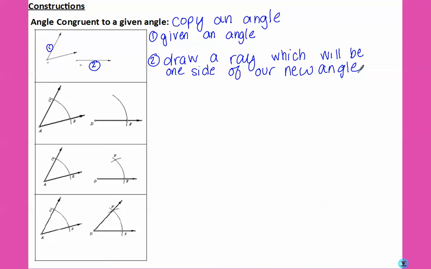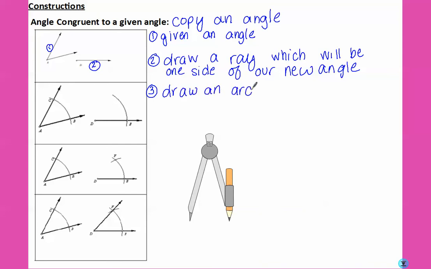Then we're going to take our compass and we're going to draw an arc through both sides of the original angle.